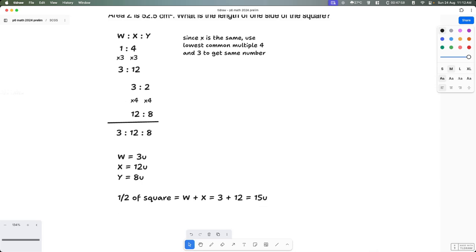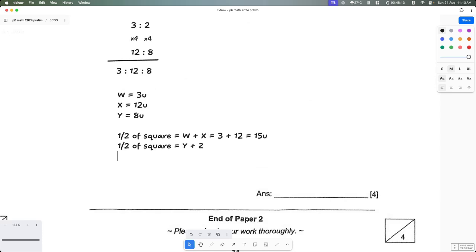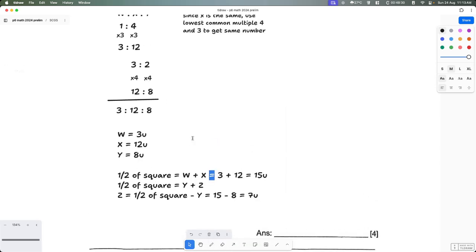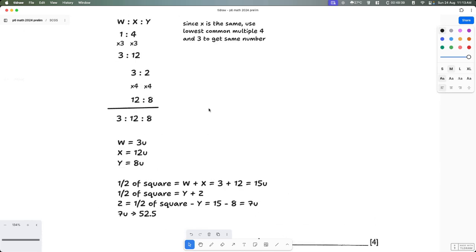And half of the square is also equal to Y plus Z. So Z is equal to half of the square minus Y, which is 15 minus 8, equal to 7 units. Now we know Z is 7 units. We also know it is 52.5, so 7 units is equal to 52.5.